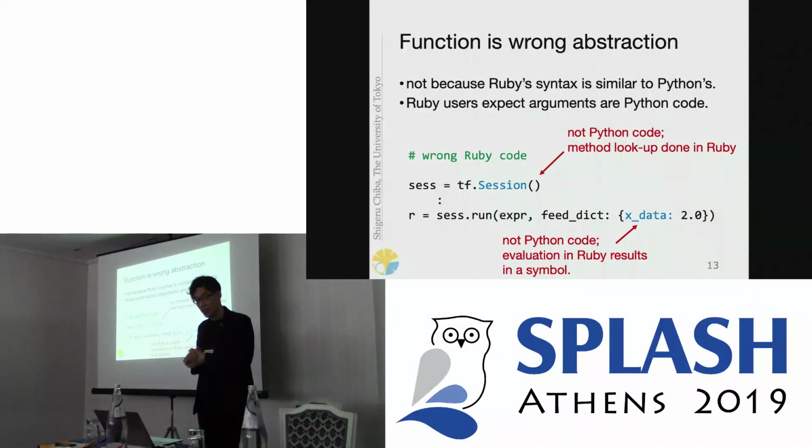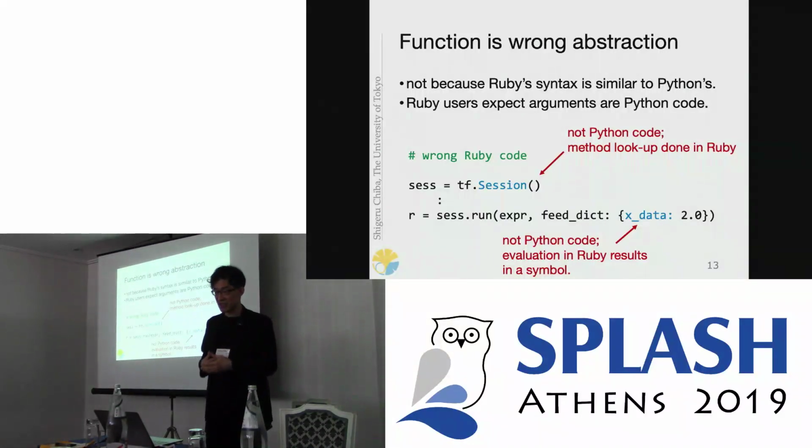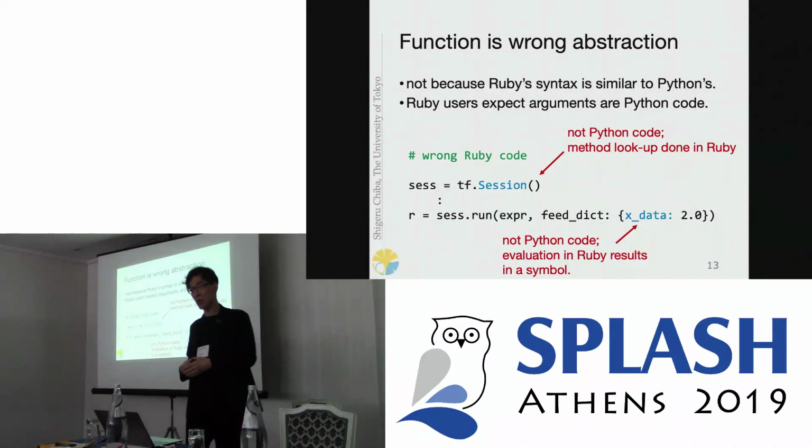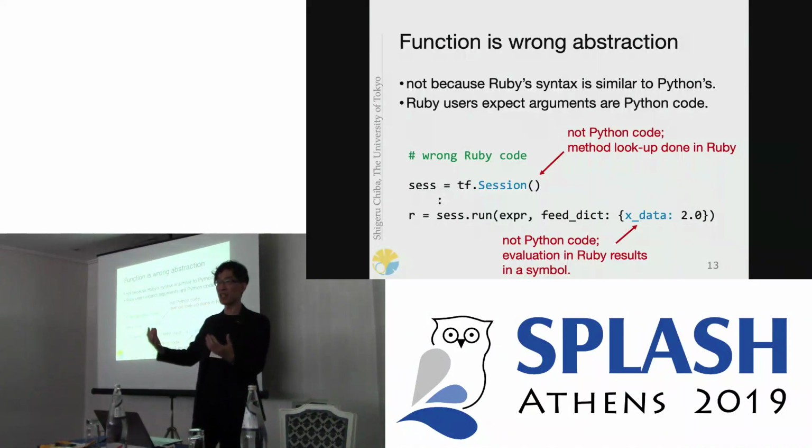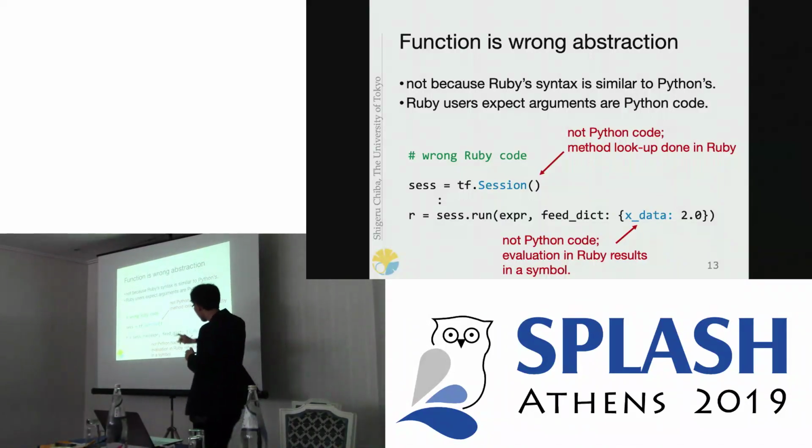This is not because Ruby's syntax is very similar to Python's syntax. I think it is because Ruby users expect the arguments to be part of the Python code, I mean the sample, because they copy and paste from the sample tutorial. So carefully look at this.